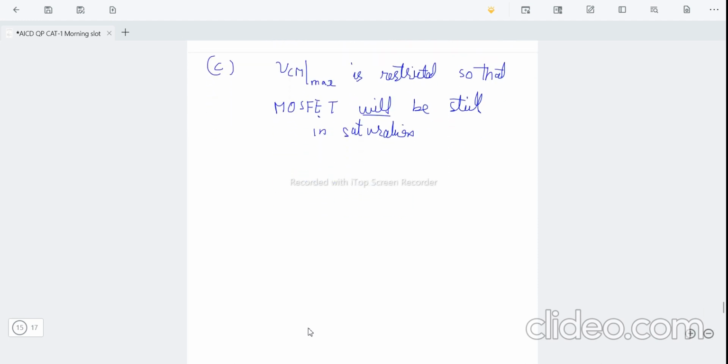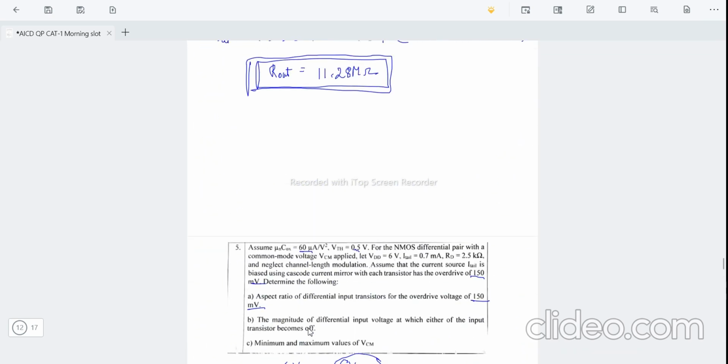So we know the condition for the MOSFET to be in saturation is VDS greater than or equal to VGS minus VT. We can write VDS as VD minus VS, and VGS as VG minus VS. We can strike out VS and VS, and VD we shall write as an expression in terms of VDD and ID.